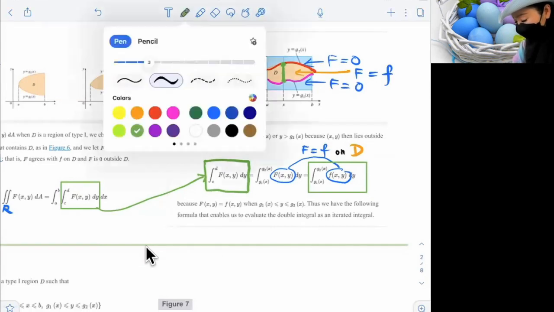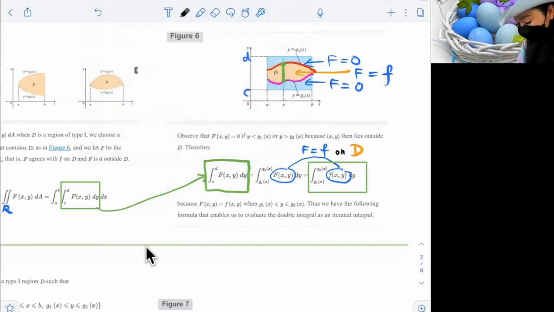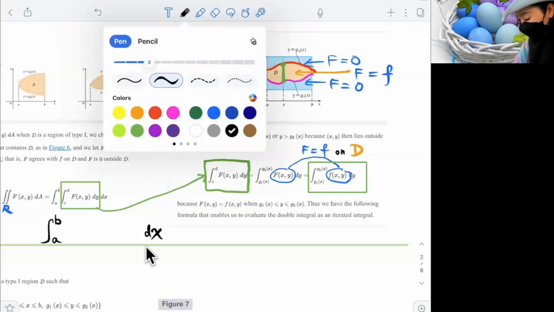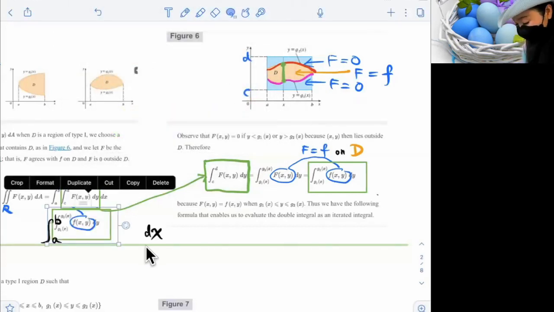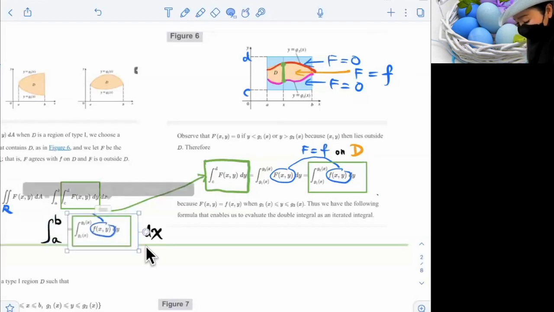Okay, let's put it together. So we're going to get this double integral, where x goes from a to b. And then for the inner integral, what do we put over here? We're going to put this one over here, right? So I'm going to copy this and put it over here.